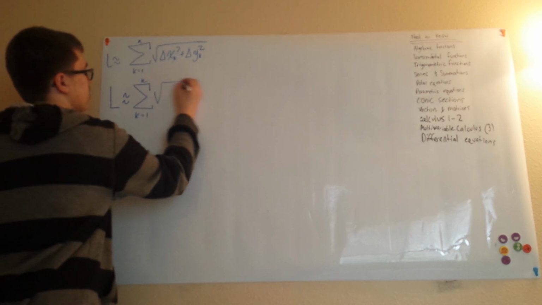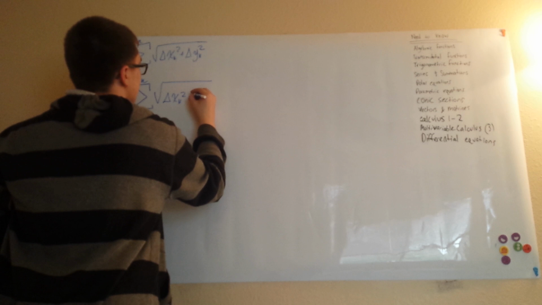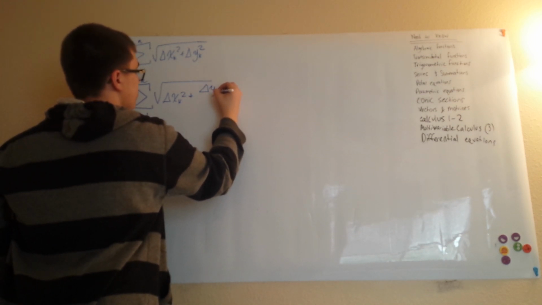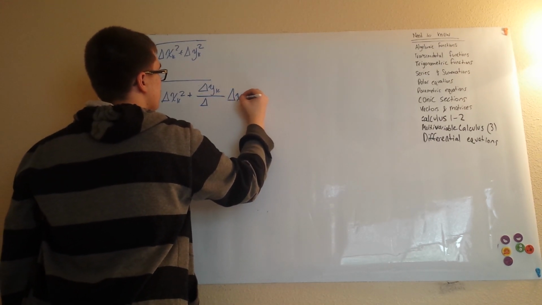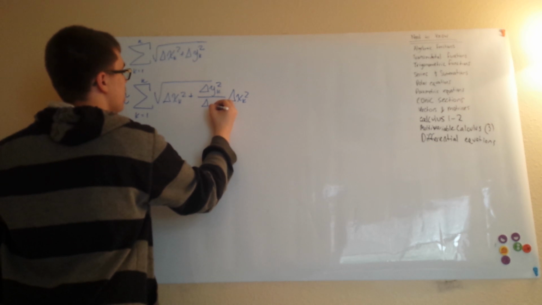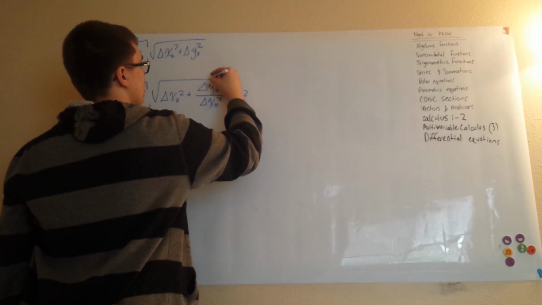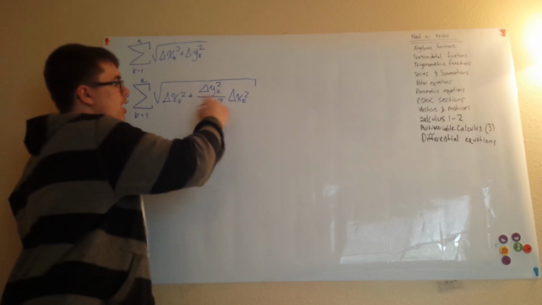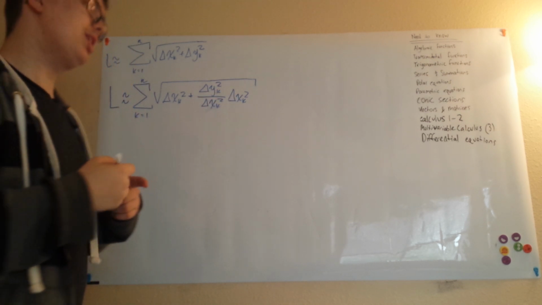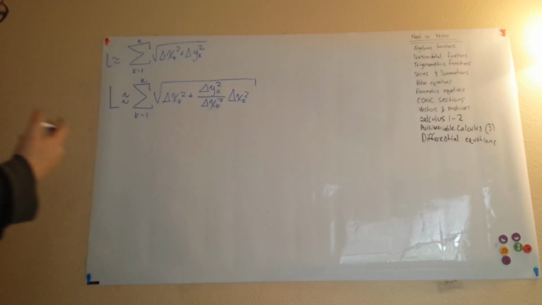I'm going to keep the delta x sub k squared here, but I'm going to multiply by delta x sub k squared and then divide by delta x sub k squared. See what I did? I multiplied and divided by the same thing, meaning I'm just multiplying by 1. Basically, I'm not really affecting this at all.